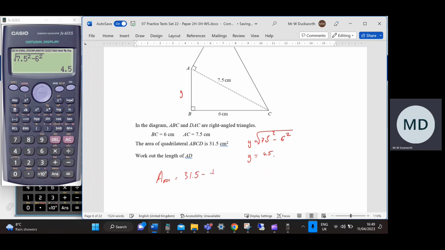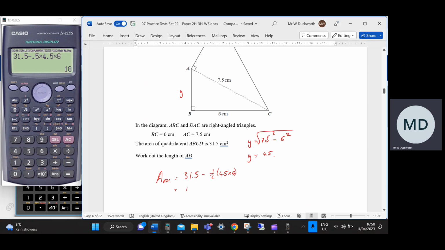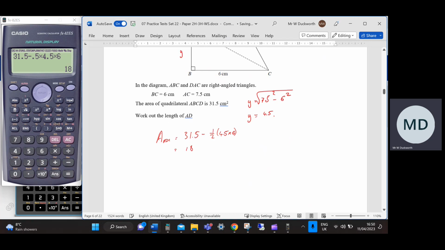So minus a half of 4.5 times by 6. I'll type it in: minus 0.5 times by 4.5 times by 6. So the area of that shape is 18.